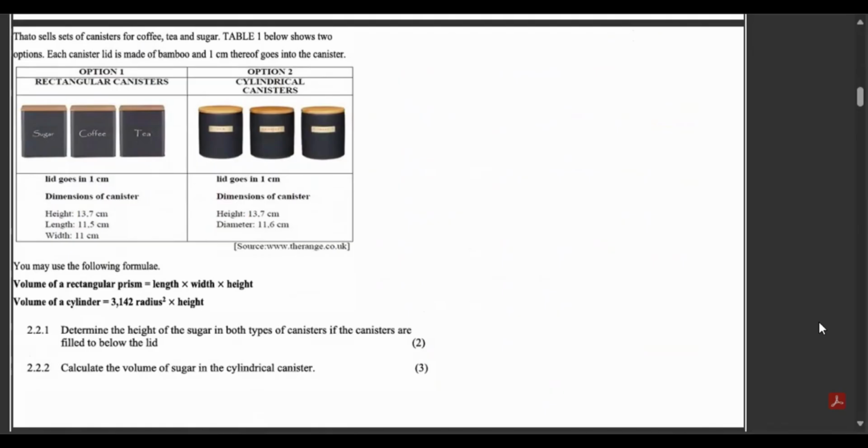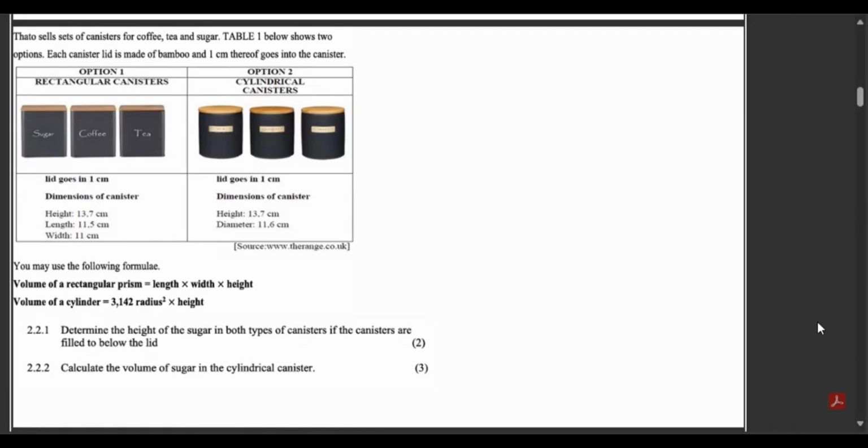And let's just use them the way we want. We want to learn them. So the question says what? Determine the height of sugar in both types of containers if the containers are filled below the lid.